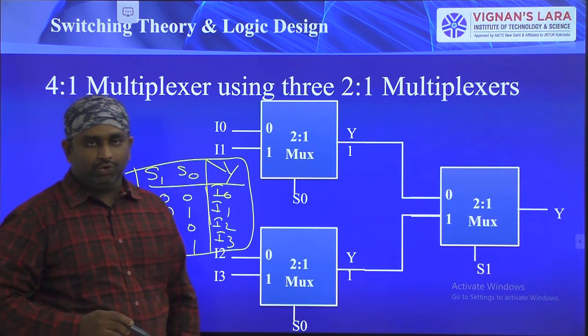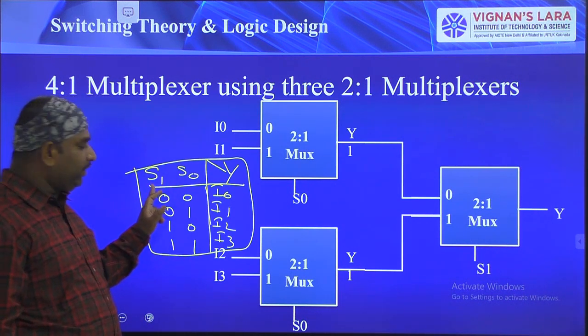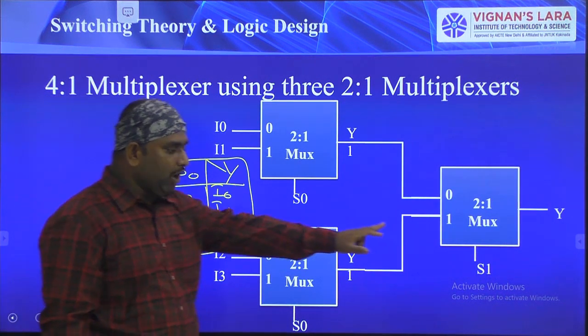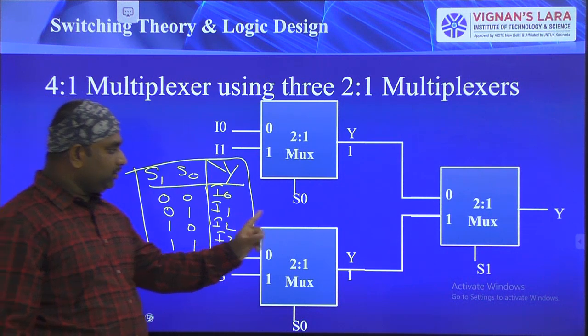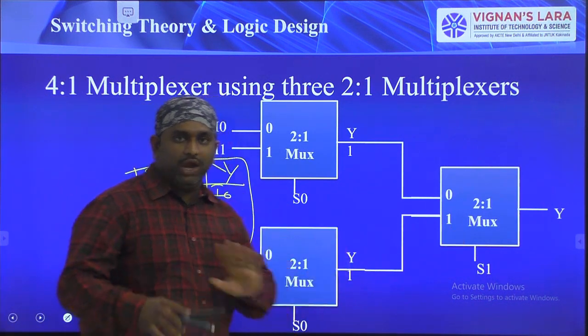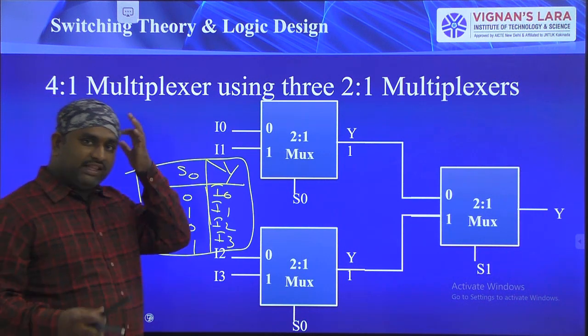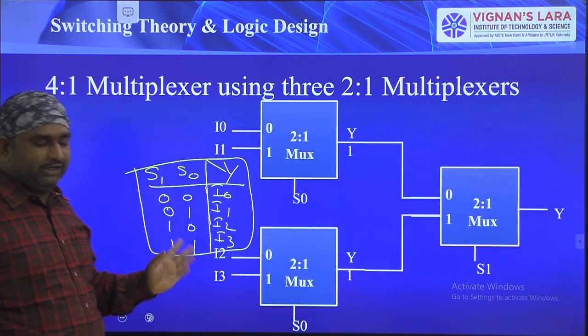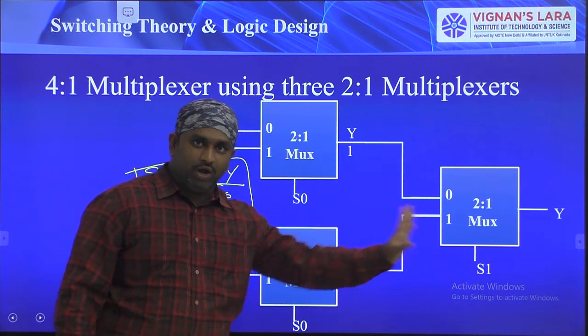This is a truth table, and it's a very simple thing. If you have taken the order S1, S0, then you have to take here S0, S1. If you take S0, S1, then you have to take S1, S0. So you have to take it in the reverse order. This is very, very important, otherwise you don't get the functionality.